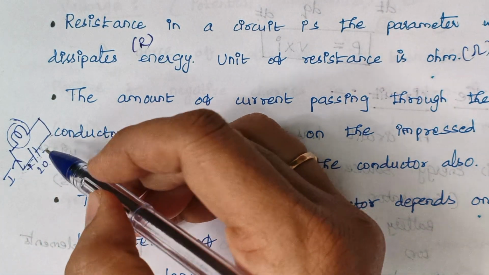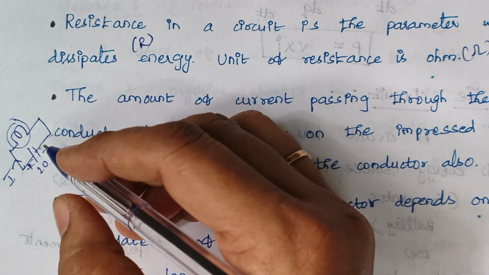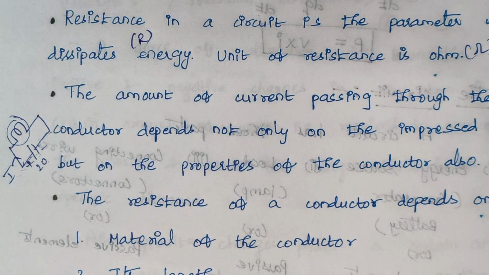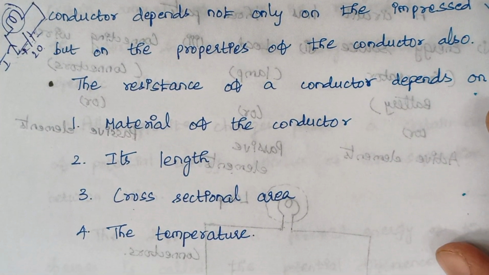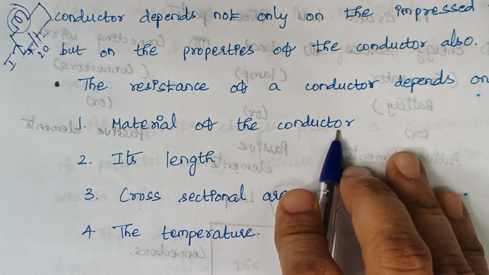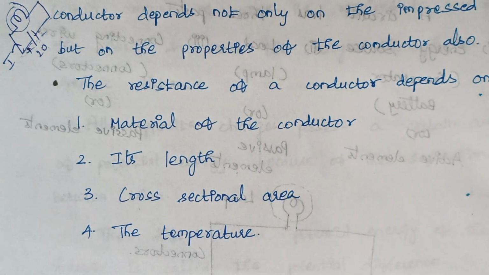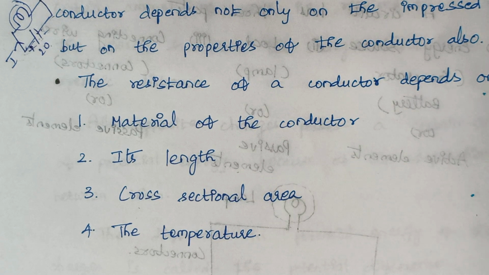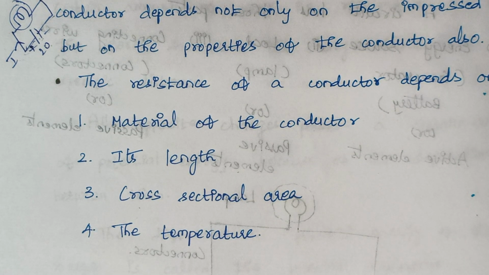So what are the different parameters of this conductor? Just consider a wire. What are the things you observe in a wire? The first thing is material of the conductor. There are different types of conductors, copper, aluminum, like that.